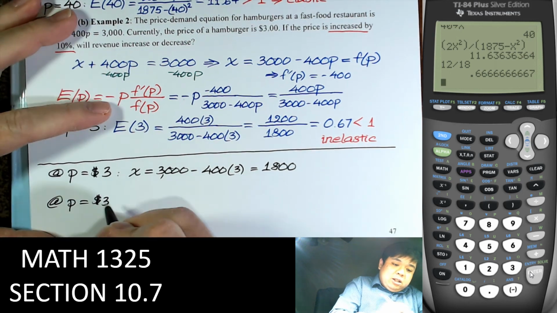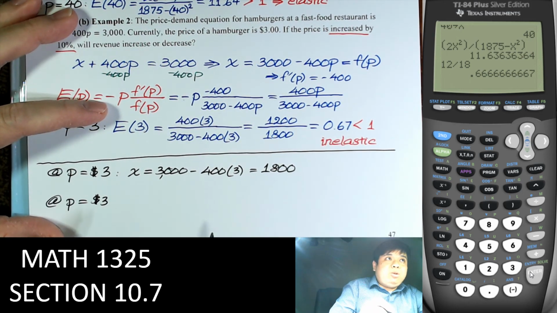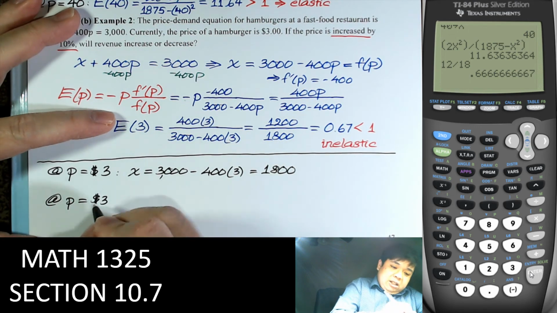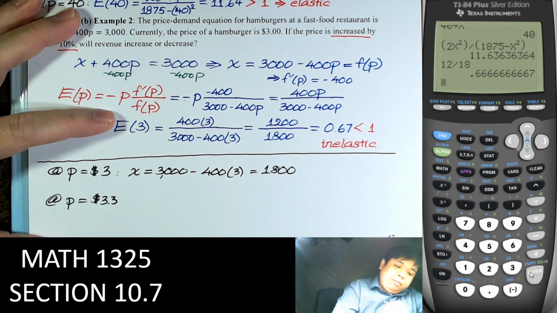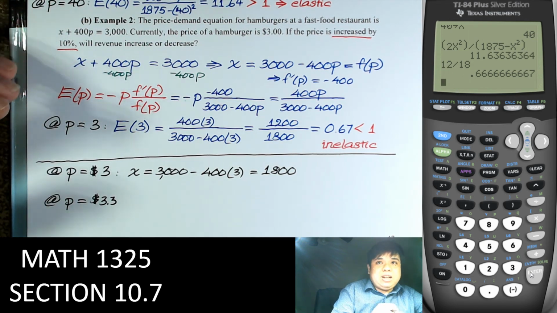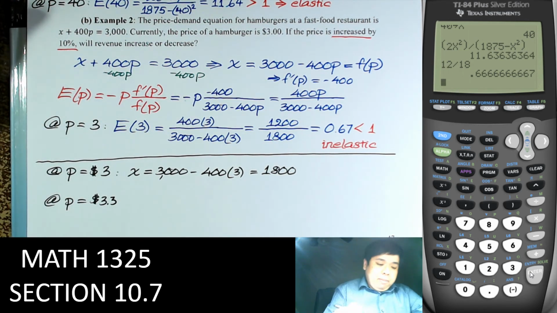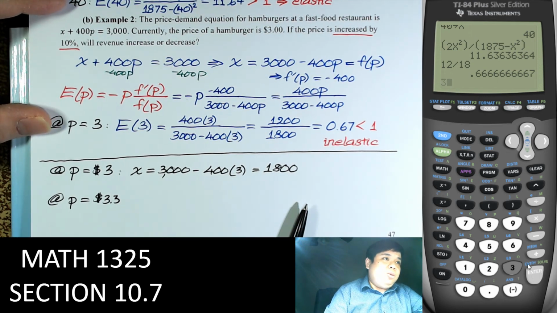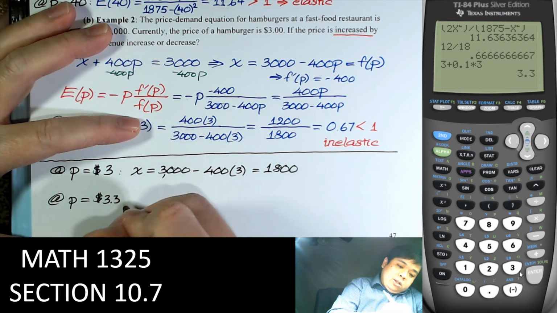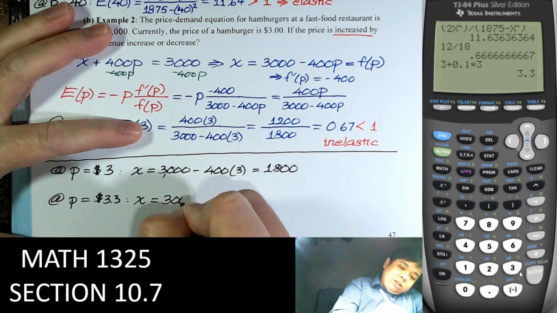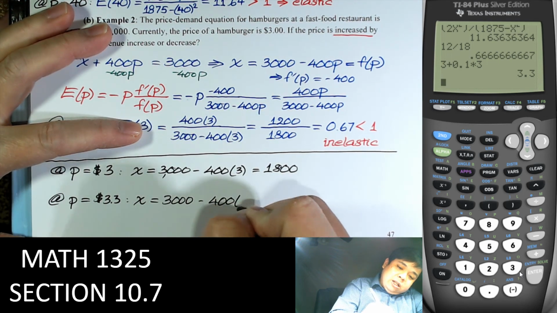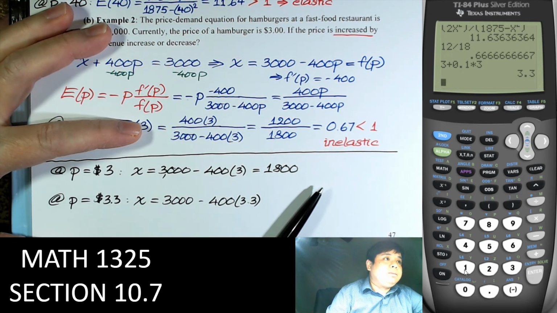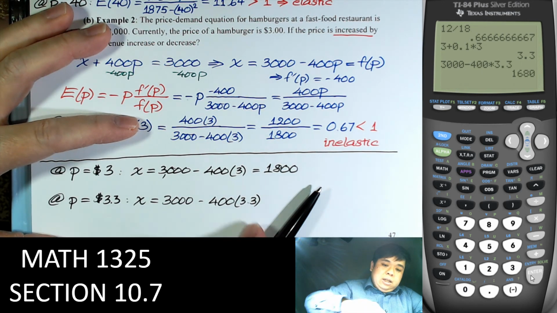Now we increase the price by 10%. So $3 plus 10% of $3, which is 30 cents, is $3.30. That increased by 10%. So the quantity demanded is 3,000 minus 400 times 3.3, which is 1,680.